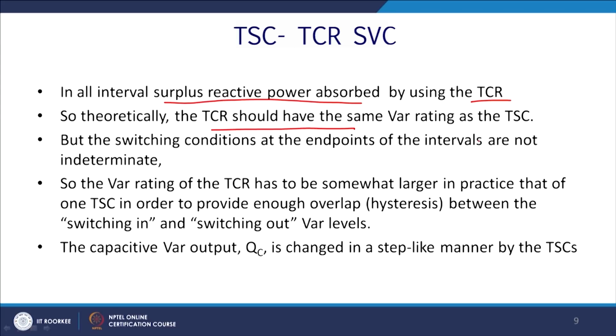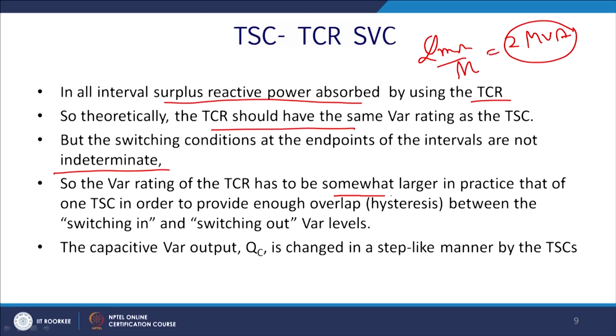But the switching conditions at the endpoints of the intervals are not intermediate. So, the VAR rating of the TCR has to be somewhat larger, even though QC max by n you have chosen to be 2 MVA, which is the rating of a single TSC branch.